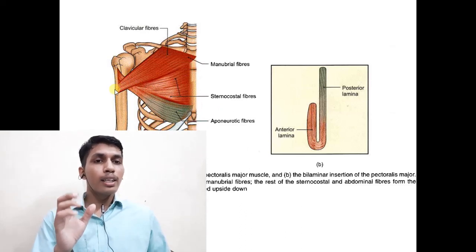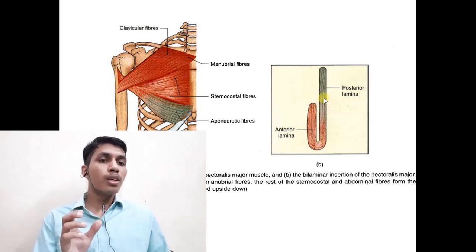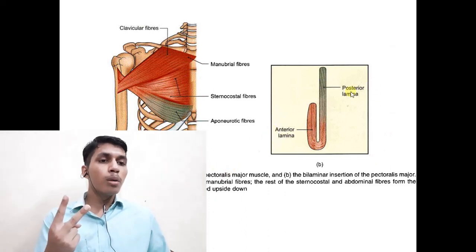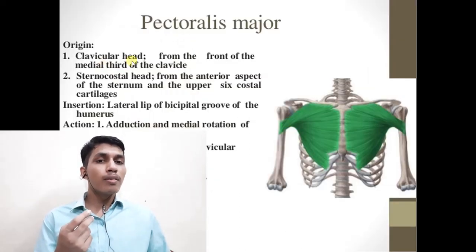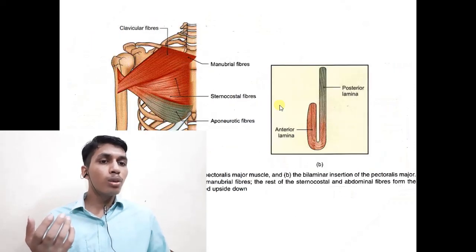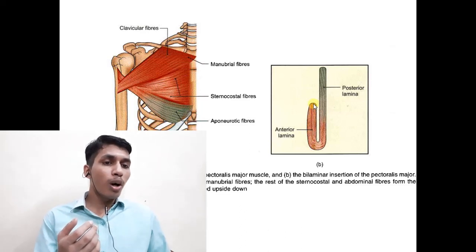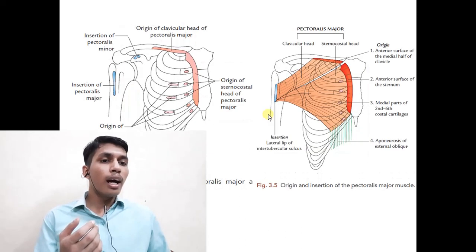At the humerus there lies a U-shaped bilamellar insertion. Why bilamellar? Because there exist 2 lamellae: one is the anterior lamella, the other is the posterior lamella. The anterior lamella is basically composed of the clavicular head. As the clavicular head is small, the anterior lamella is also small or shorter, as we see in the picture.